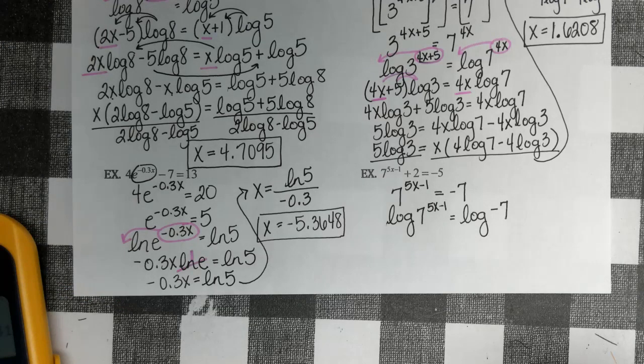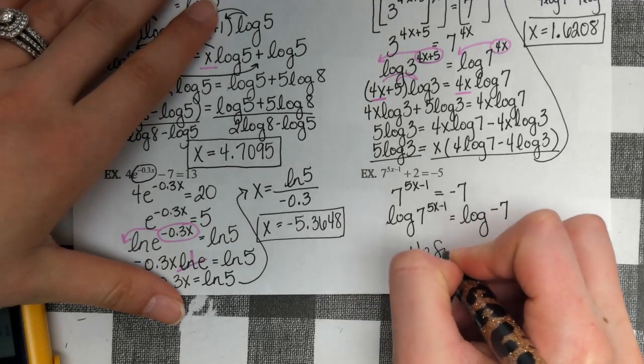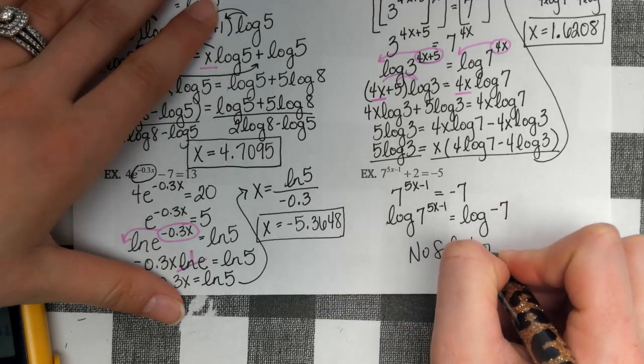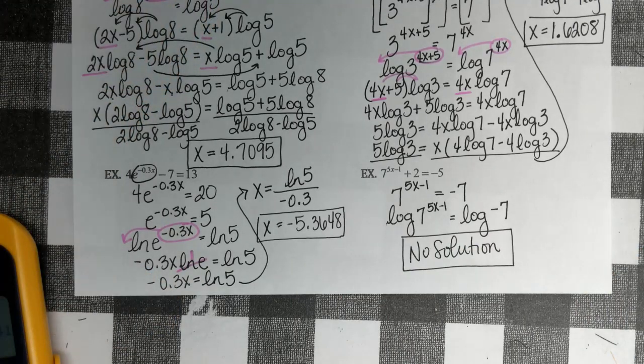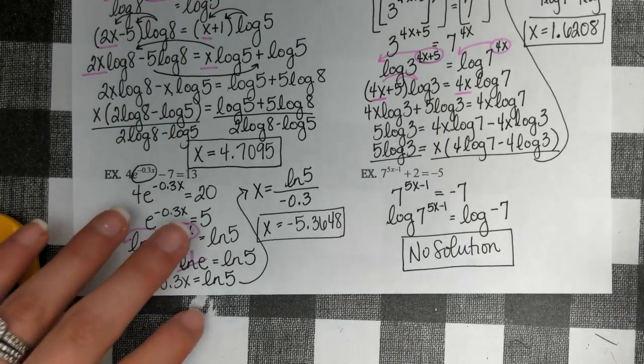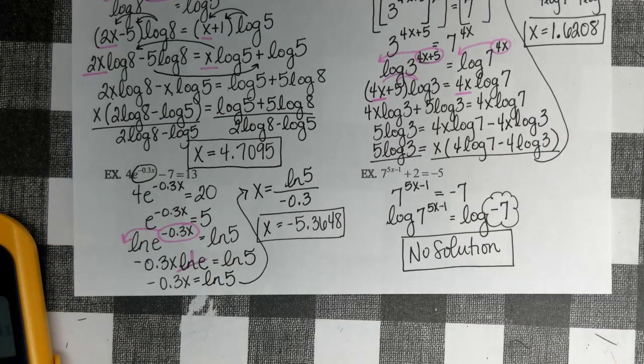You could, but you'd be wasting some effort. What happens when I take log of a negative 7? I can't, because I can't take the log of a negative, so this is just no solution. Because of this right here. If you need to make a note, if you go back to your notes and you wonder why it's no solution, it's because of that negative 7.